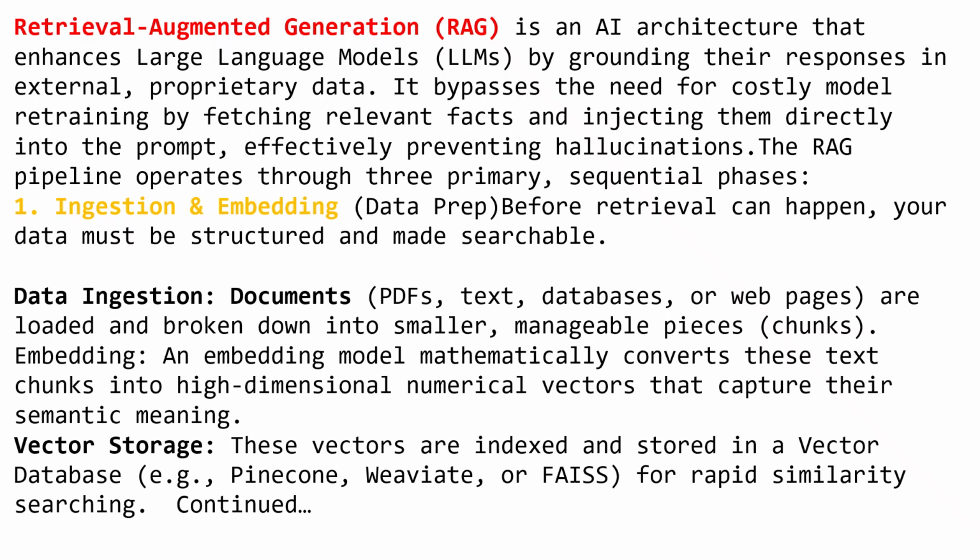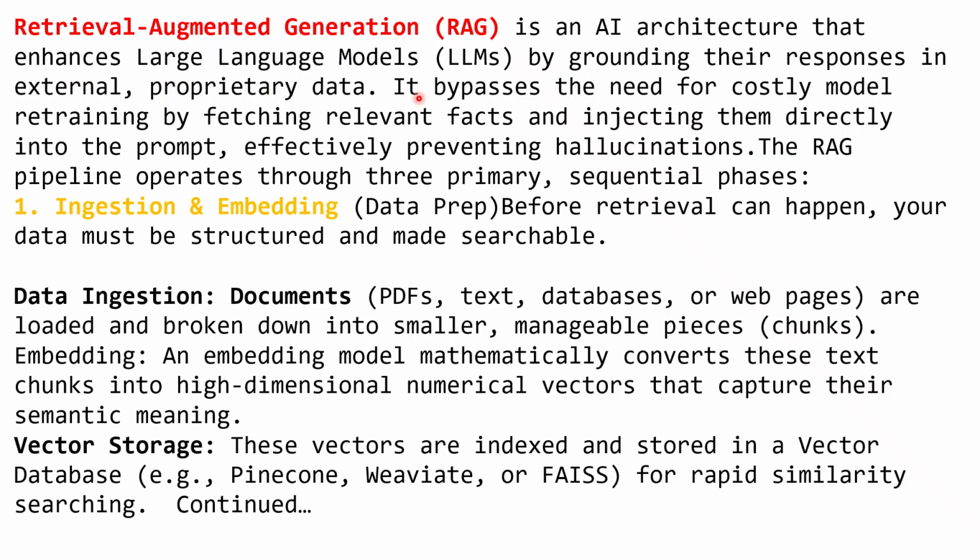Dear friends, retrieval-augmented generation is an AI architecture that enhances large language models by grounding their responses in external proprietary data.